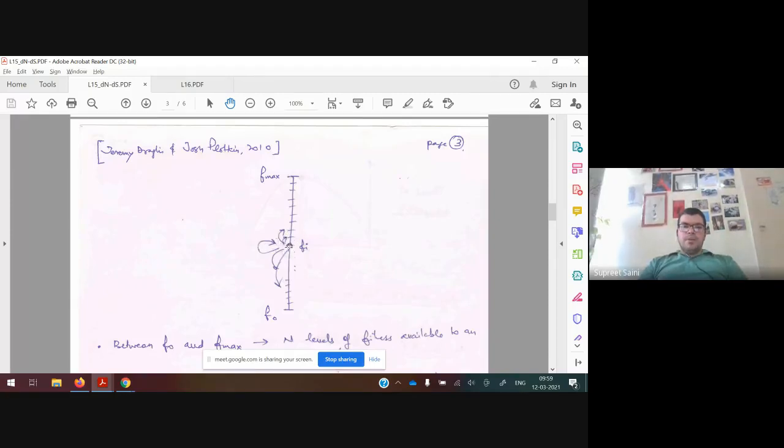If p is 50, that means 50 arrows go out from it, and they can go to some fitness levels, right? And k is, out of those 50, what fraction come back onto itself.